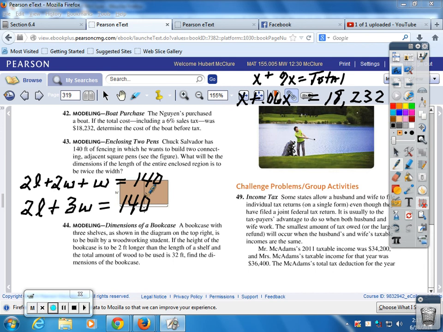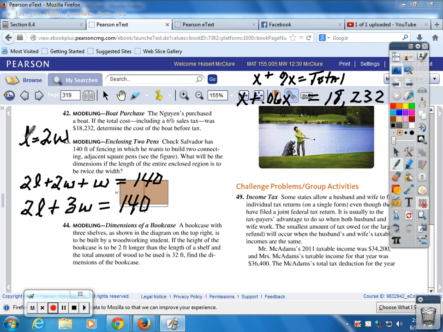Oop, there it is. It says, what will be the dimensions if the length of the entire enclosed region is to be twice the width? So L is equal to 2W. So what can I do with that 2W now that I know it's equal to L?